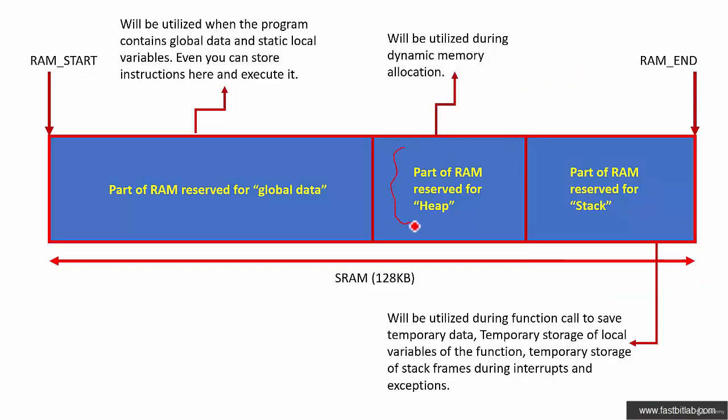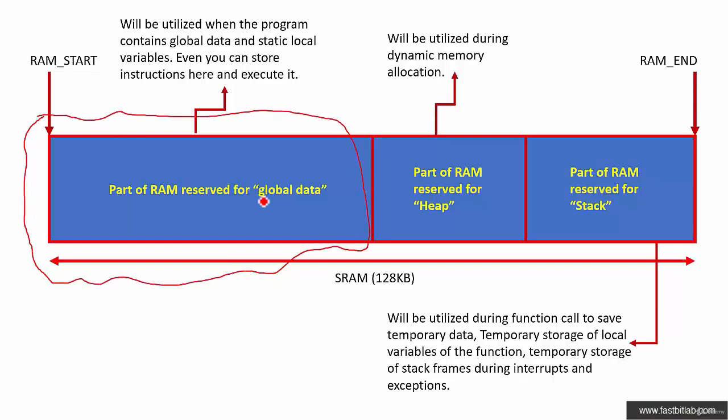Another part of the RAM can be reserved for heap, and the rest of the RAM can be reserved for global data storage. Let's understand each part. This part we can call the global data section. This part of the RAM will be utilized when the program contains global data and static local variables.